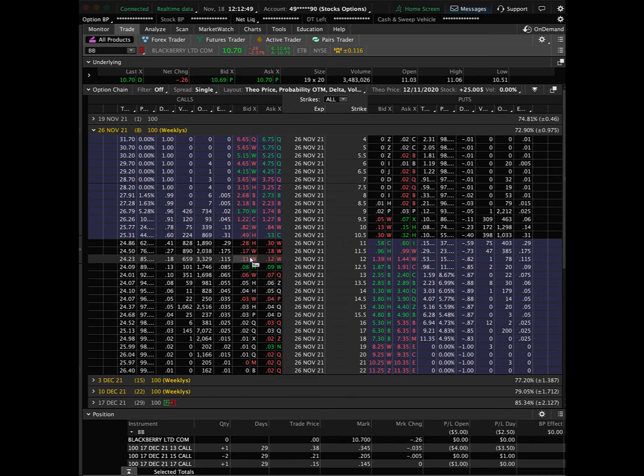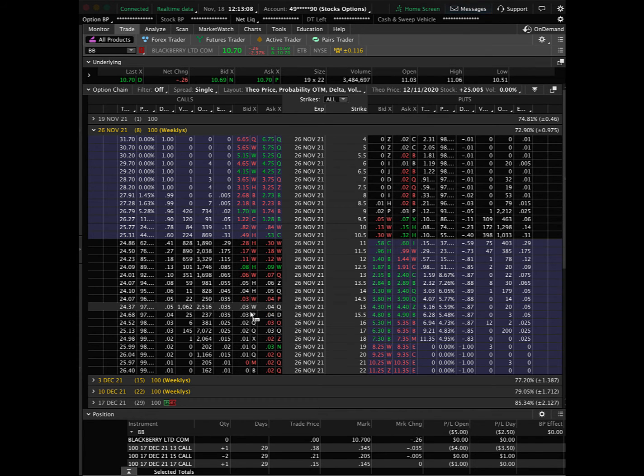So you could buy bunches of these contracts for very cheap, and there would be maybe a higher chance of it going from 10.7 to $12, a higher chance of it doing that than going from 10.7 to say $15.